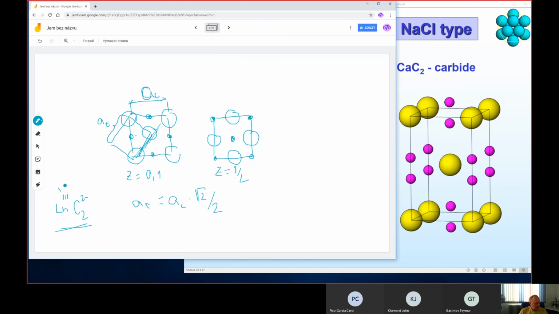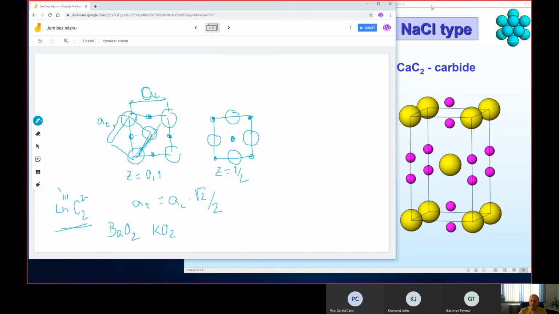So this is one type of compound adopting this structure, but also, for instance, barium peroxide or strontium peroxide have the same structure as calcium dicarbide, or some superoxides like potassium superoxide also have this structure.